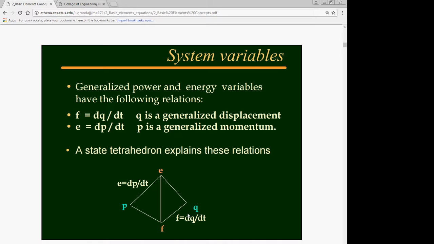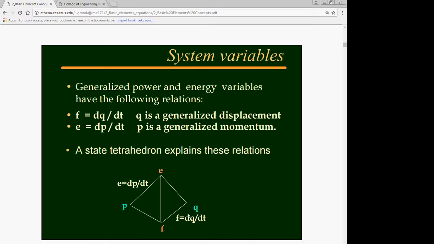On the left hand side, you can say that if you differentiate the momentum, you get the effort. If you integrate the effort, you get the momentum. This little tetrahedron that you see in there is known as Paynter's tetrahedron of state.